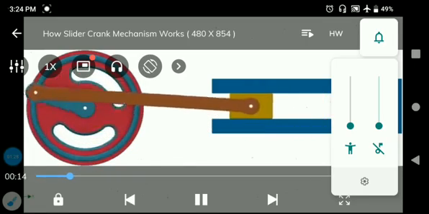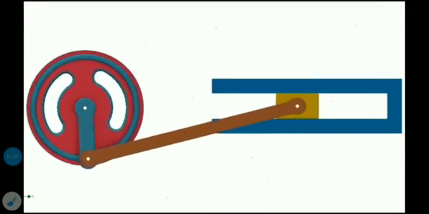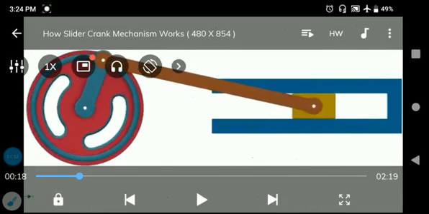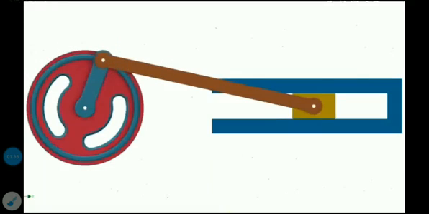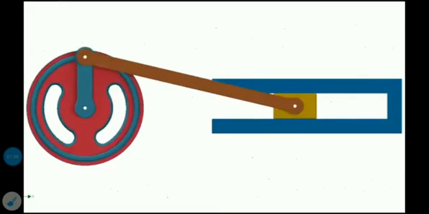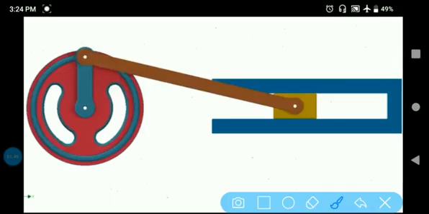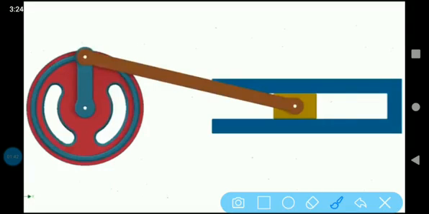So this is how the slider crank mechanism works. The crank will be the driving link. For any mechanism, there will be a driving link and a driven link.